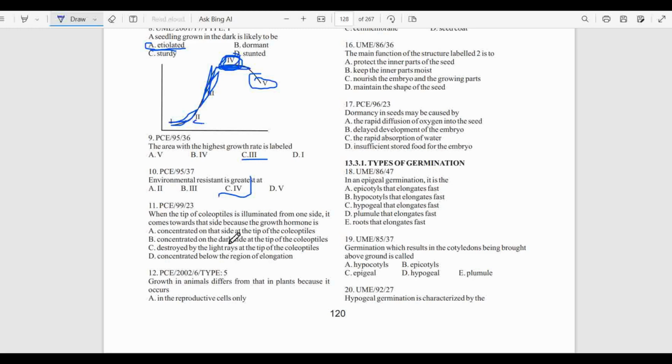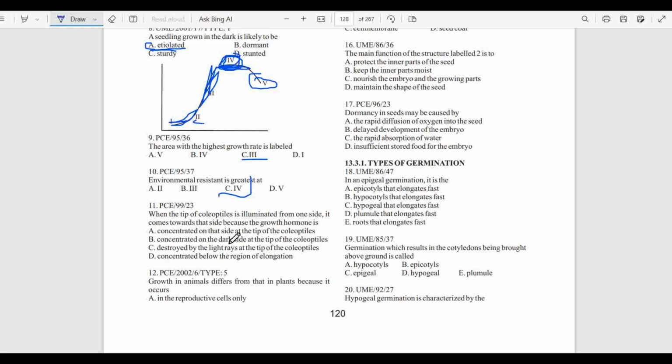So usually what happens is that when you illuminate the plant from one direction, auxin, which is a growth hormone, is unevenly distributed. Unilateral illumination of the shoot causes auxin to move away from the light source.